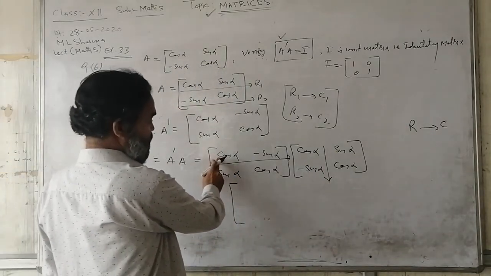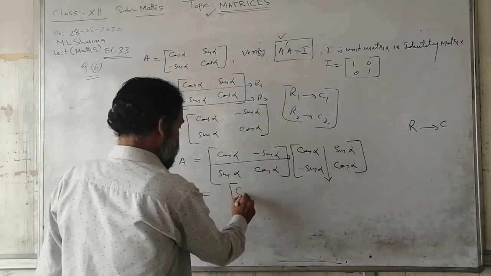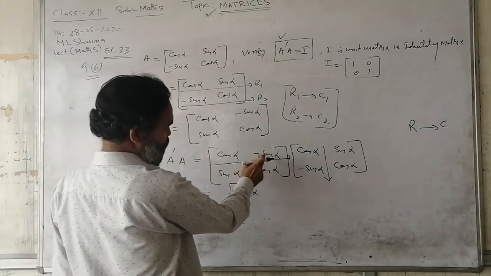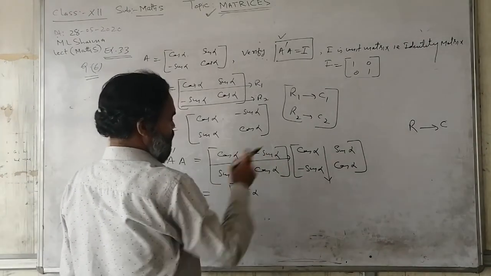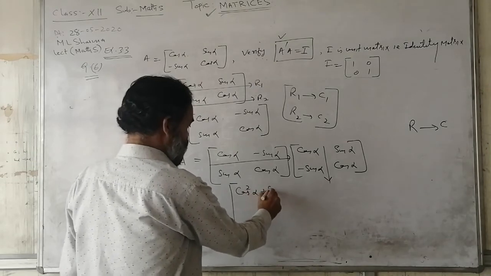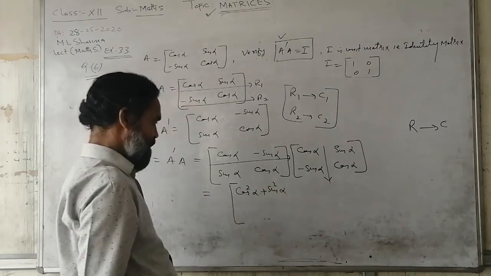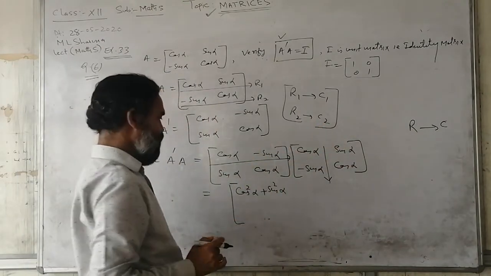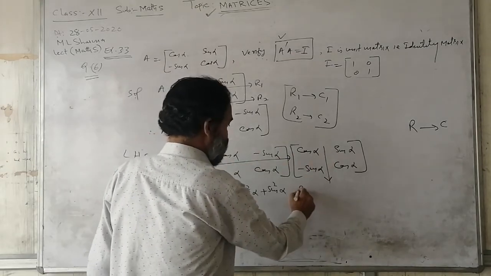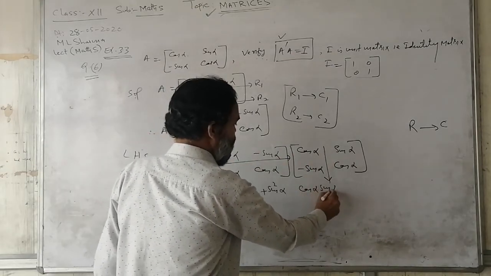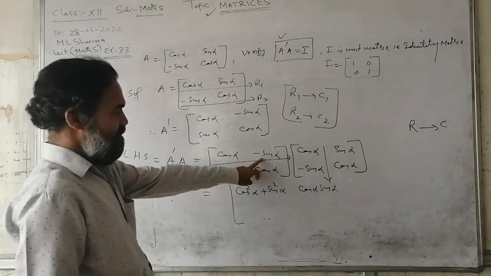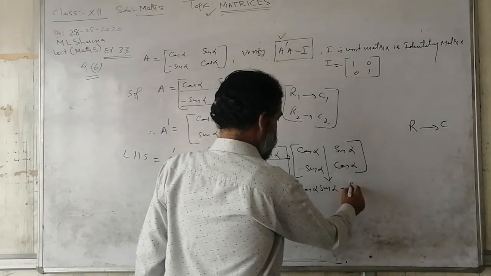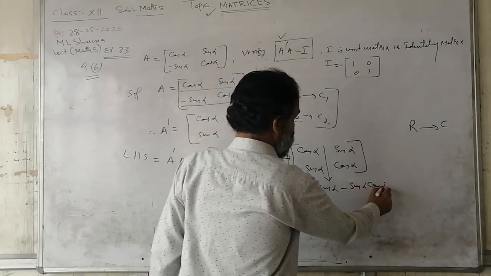So cos alpha into cos alpha will give me cos square alpha. Then corresponding to this element, minus sin alpha and minus sin alpha will give sin square alpha. Then with the same row, the second column elements are to be multiplied. So cos alpha into sin alpha, and this minus sin alpha is to be multiplied by this cos alpha. So this will be minus sin alpha cos alpha.